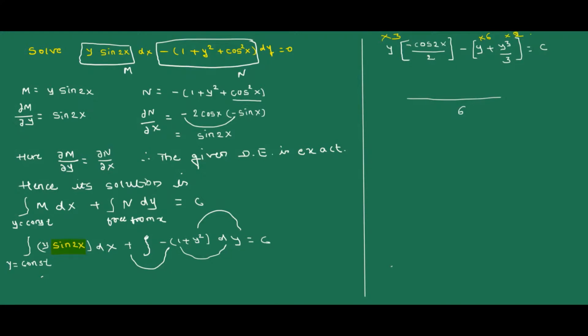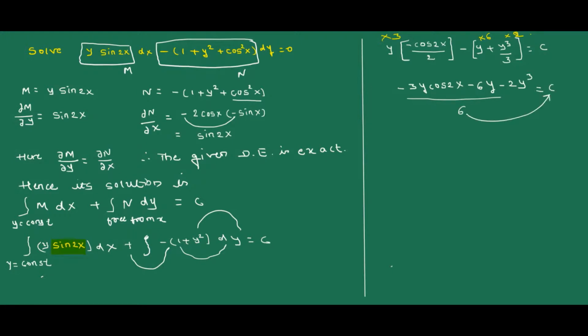So what you will get? First I will write minus, then 3y cos 2x, then minus into 6y is minus 6y, and minus into 2y cube is minus 2y cube is equal to c.